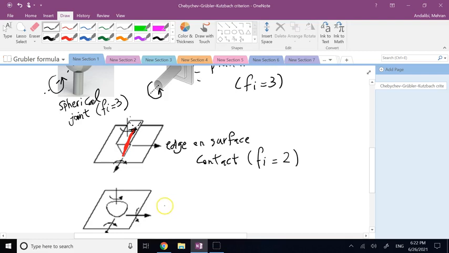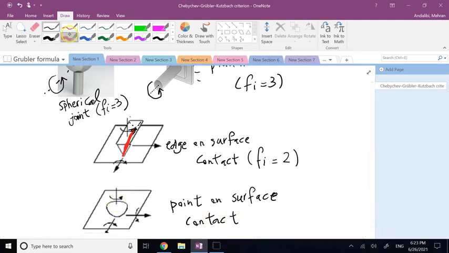And then you also have a point on surface contact. Where all you need is basically a point.